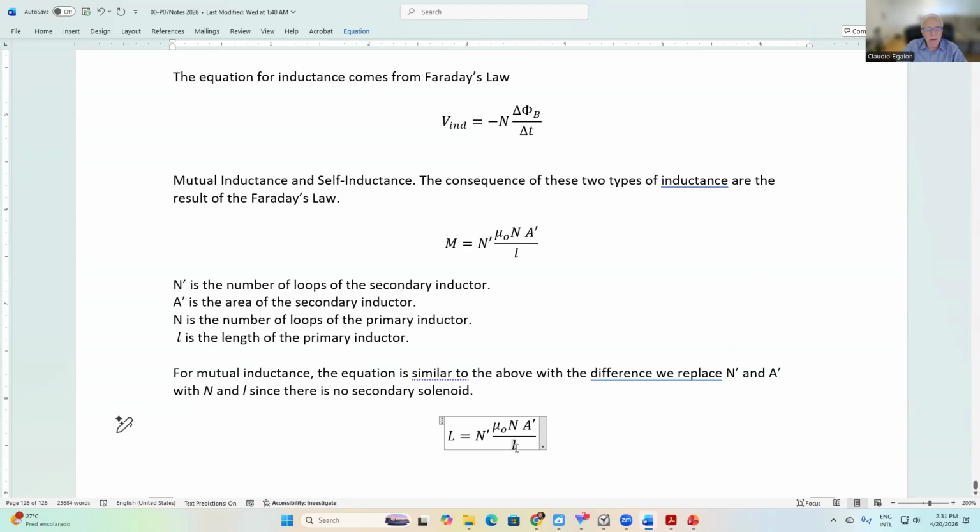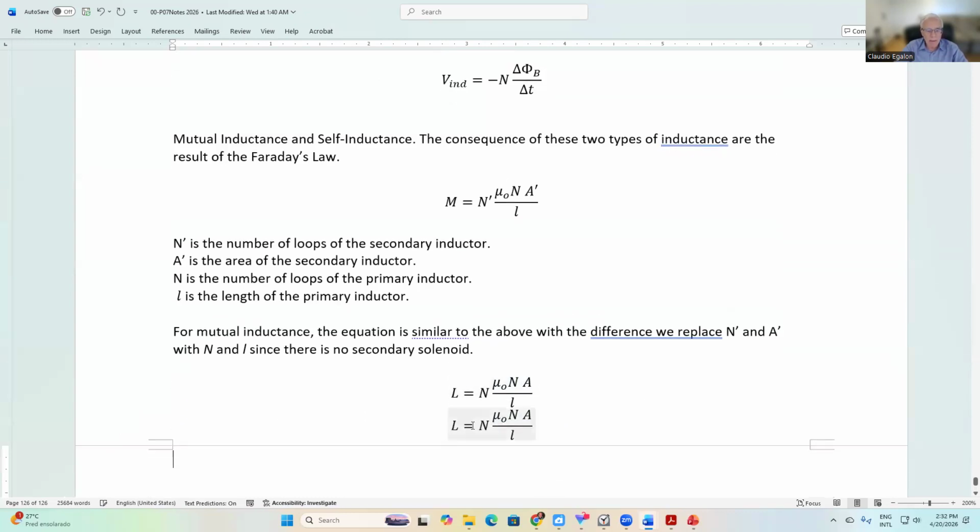Usually you use uppercase L for the length, but in reality, I saved the uppercase L for the inductance. N prime becomes N, A prime becomes A, and we end up having something like that, with N squared here.